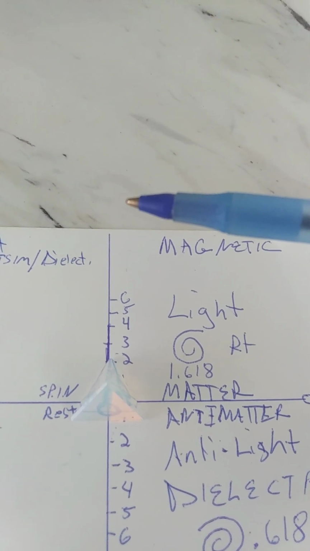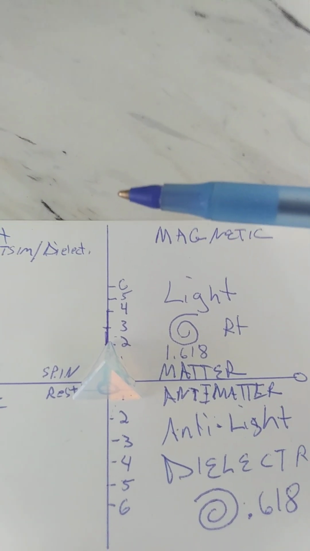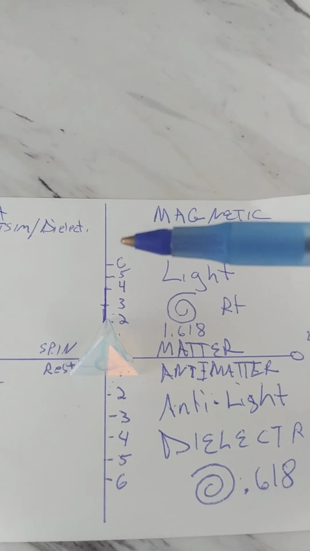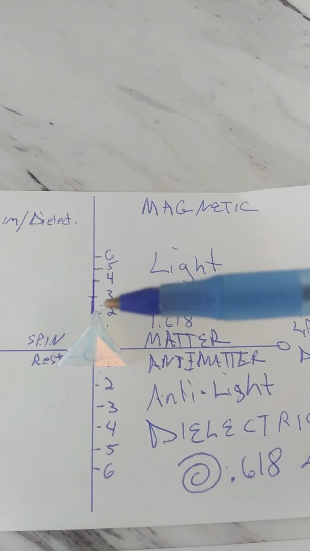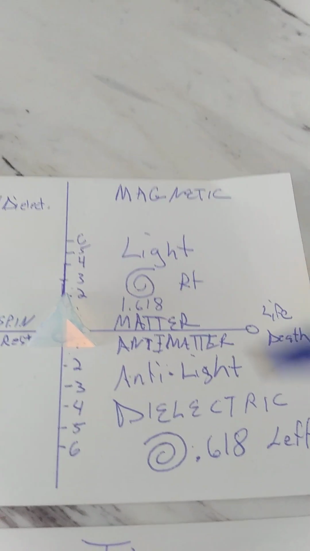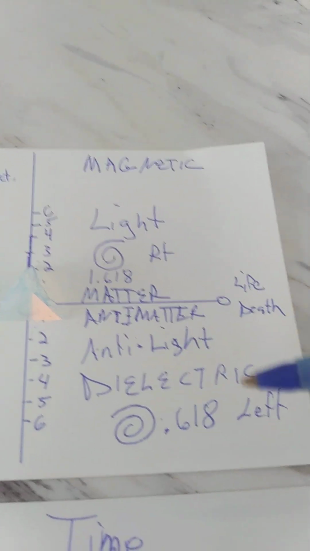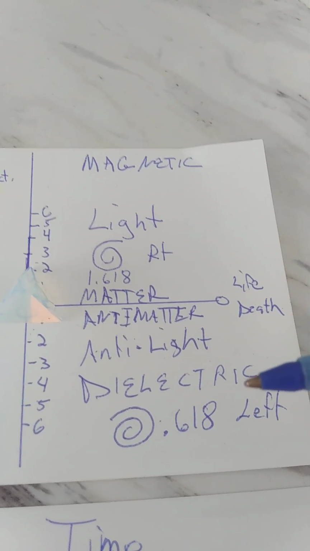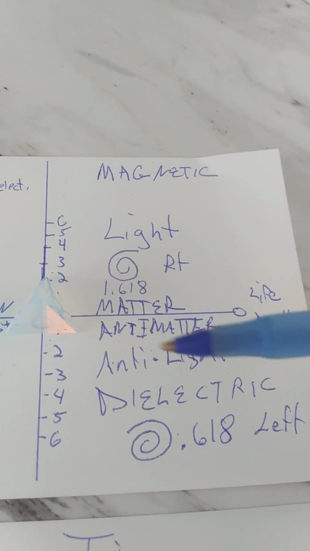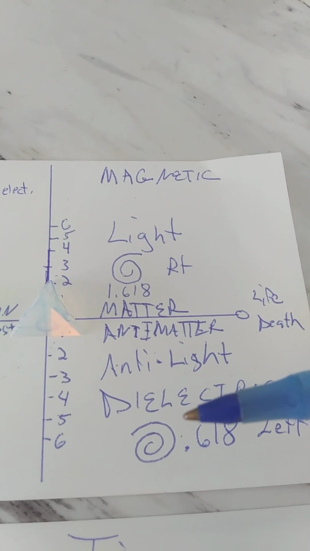Now, do the opposite and spin that tetrahedron to the left, you are decreasing, dematerializing, because you're spinning counterclockwise towards counter space. You're doing this, you're 0.618 going to the left. You're now creating antimatter, anti-light, dielectricity.